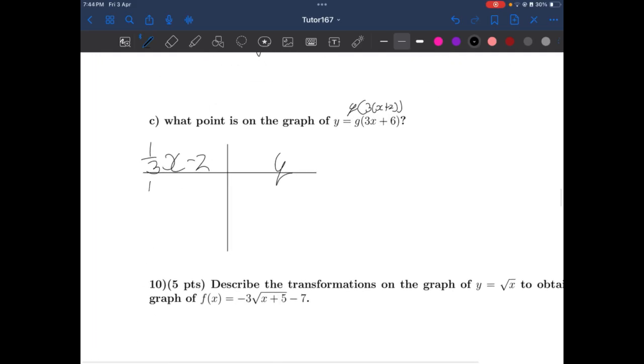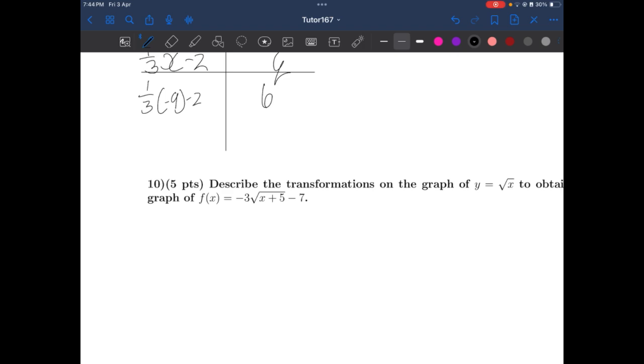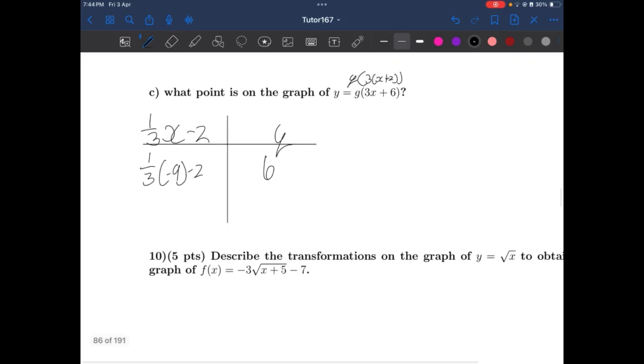So this would be 1 over 3 times negative 9 minus 2, and this would just be 6, because the y value is 6. Negative 9 times 1 over 3 is negative 3, minus 2, which is negative 5. So our answer is negative 5, 6.